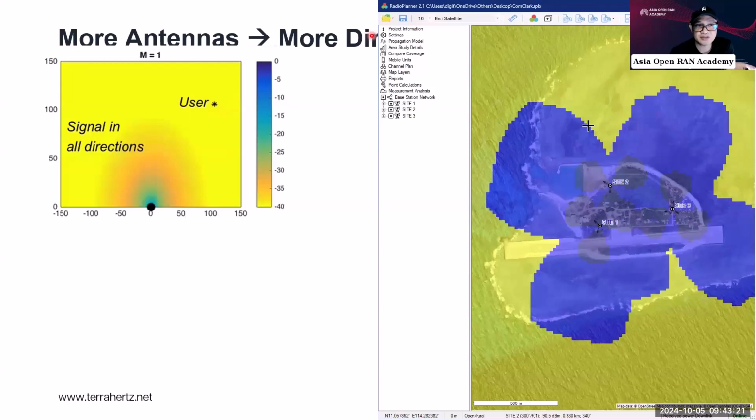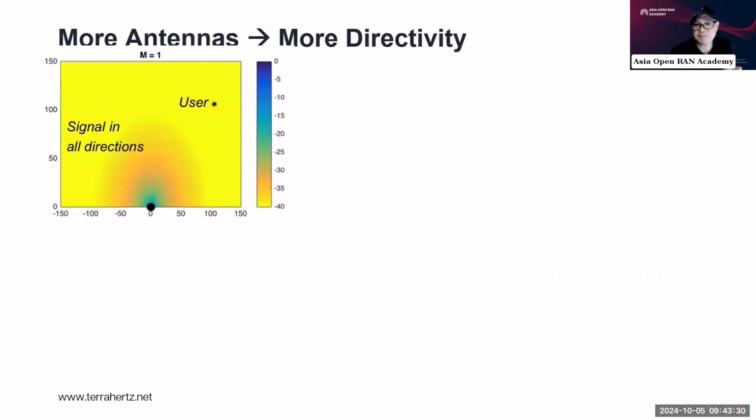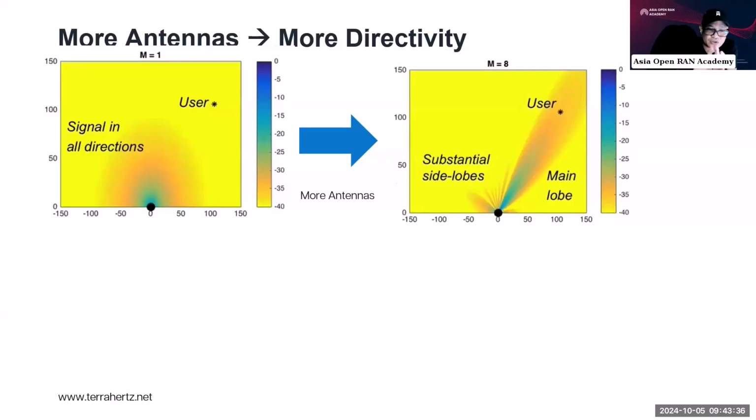There are no subscribers here. Why are you transmitting power there? It's a waste of power. So that's what massive MIMO is also addressing. You want to focus the power in such a location that you can concentrate it, so that you can also increase the quality of the signal.